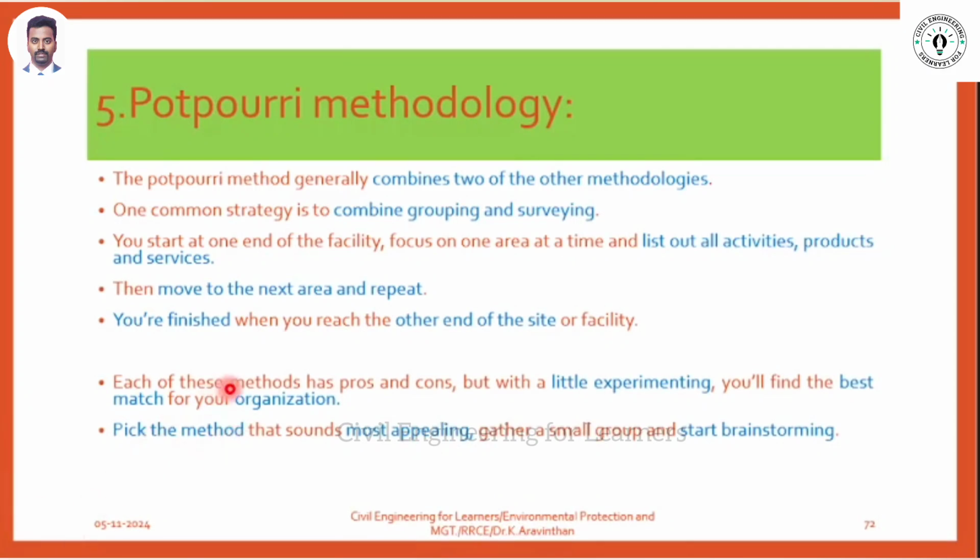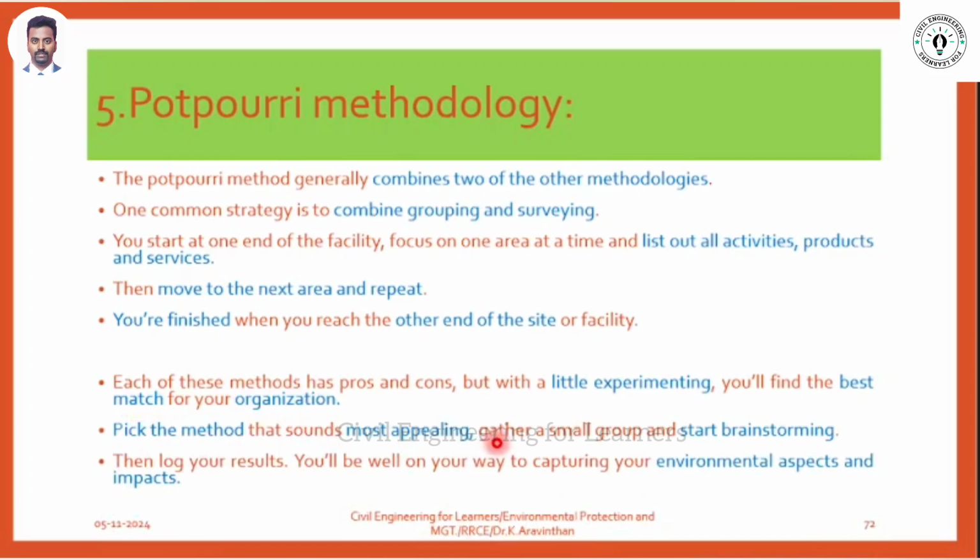So at the end, each of these methods needs a little experimenting. Out of 117 categories of industries, you can use these five methodologies, do a little experimenting and find the best match for your organization. Which method is best for you? Pick the method that is most appealing; you can do a small brainstorming for getting the method.